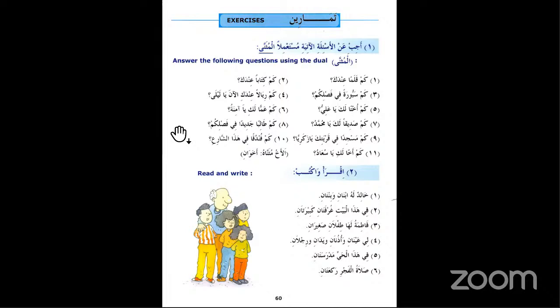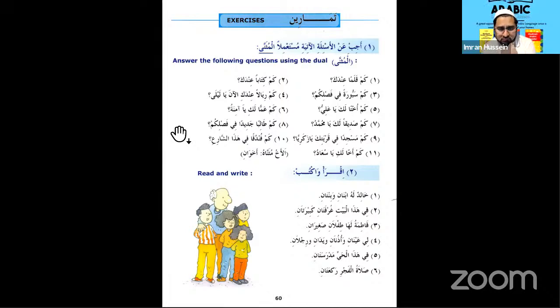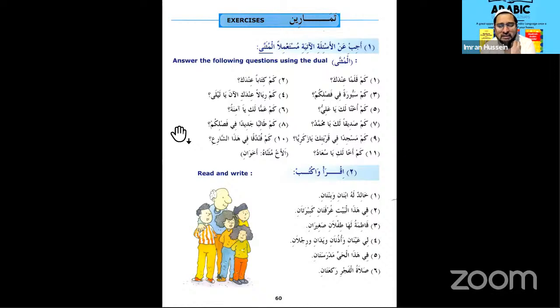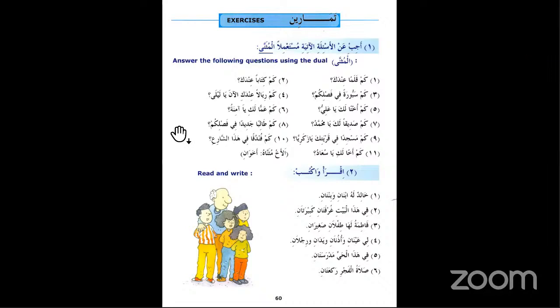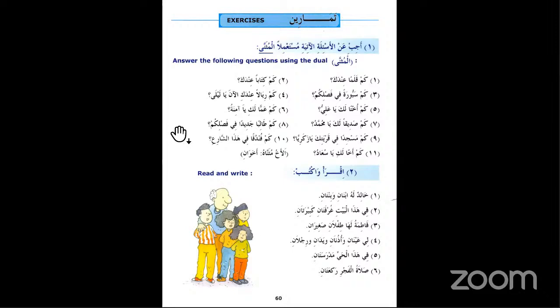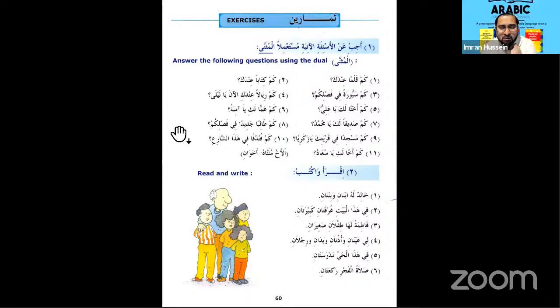Answer it this way, which is more grammatically correct: in my village are 2 masjids, Fi qaryatina masjidani. Or you can say Fi qaryati masjidani. Correct. Ask the next question, number 10.